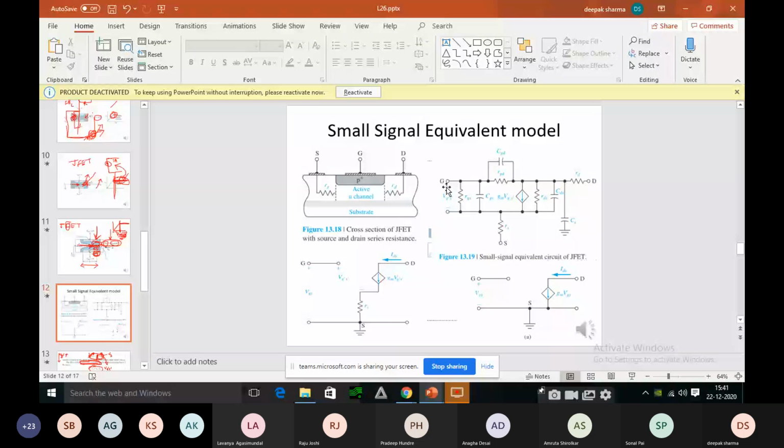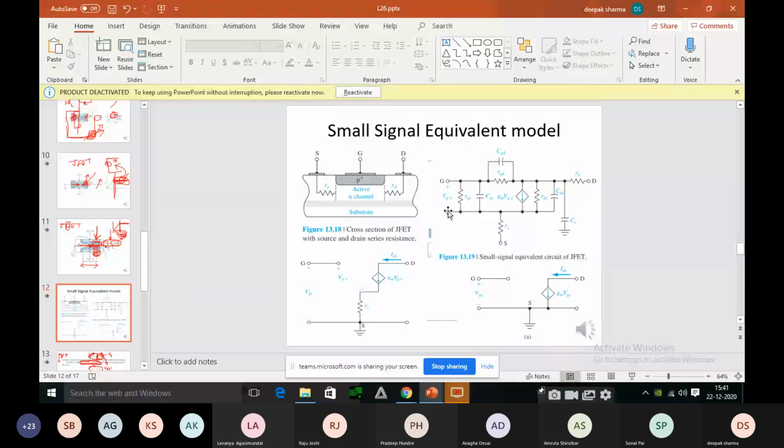Capacitance between gate and drain is called CGD. Capacitance between gate and source is called CGS. Capacitance between drain and source is called CDS. So these three are unwanted parasitic capacitances. We have one more capacitance called CS, that is connected only at the source.